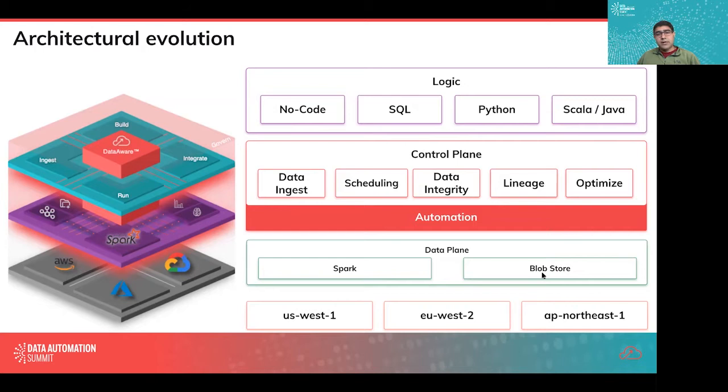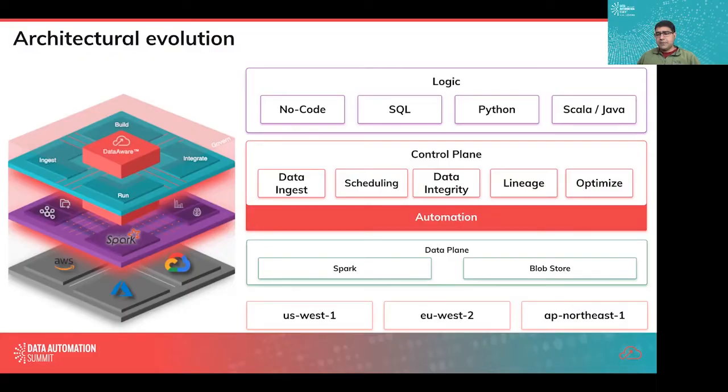There's also a control layer that sits on top of this that provides all of the advanced Ascend functionality, like ingestion schedules, partition management, lineage tracking, the code and data integrity checks that we perform, data profiling, and so on.